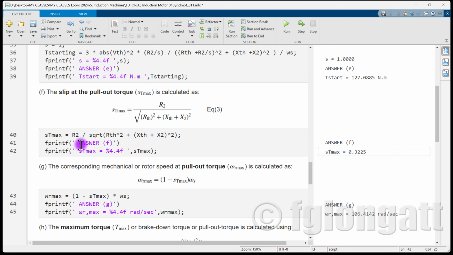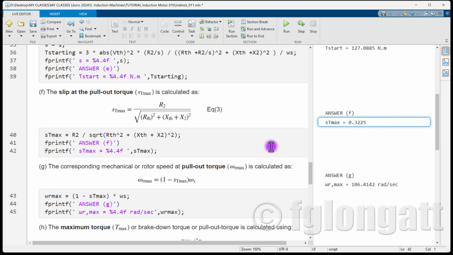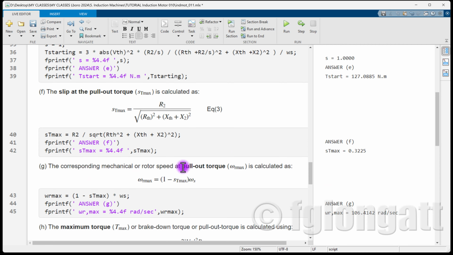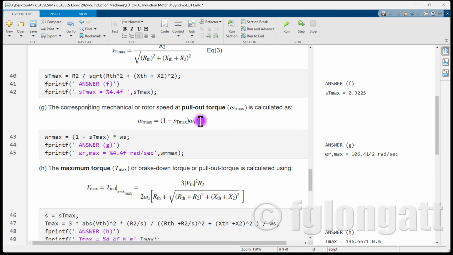So when we substitute the numbers, we obtain the most important answer, which is the slip for the pull-out torque.